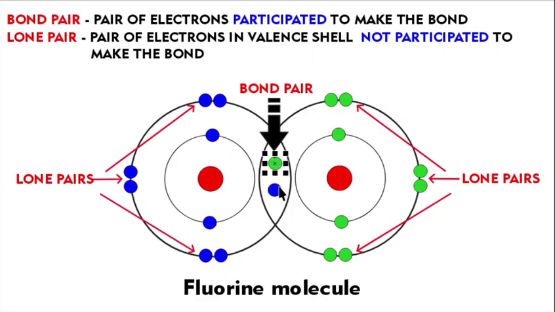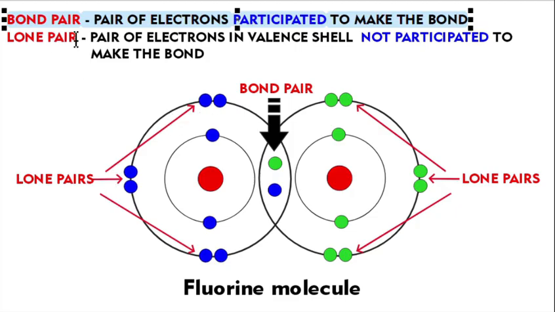The electron pair which was shared among them is the pair responsible for making the bond. This pair is called the bond pair. The bond pairs are the pairs of electrons participating to make the bond.